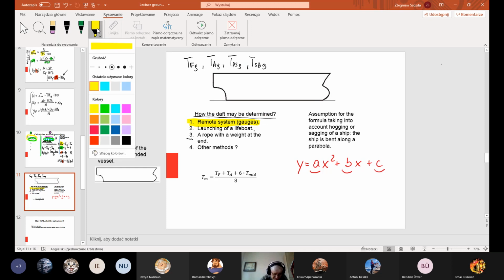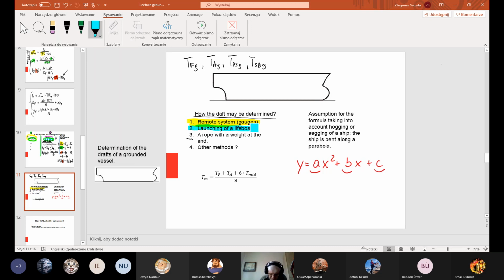The next method I mentioned here is launching a lifeboat and going around the ship, going very close to the side, and reading from the draft mark what is the draft of your ship in particular marking.